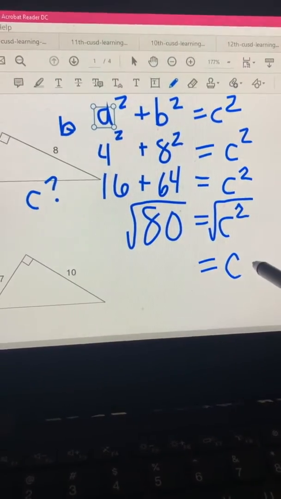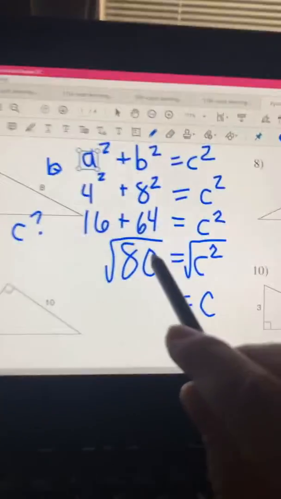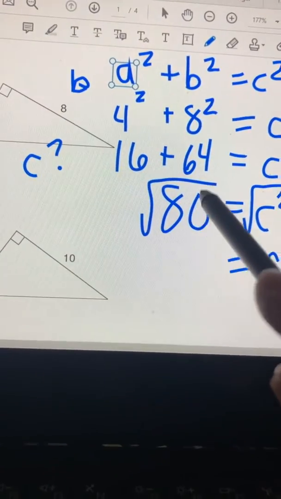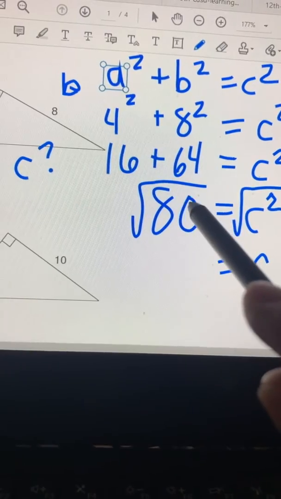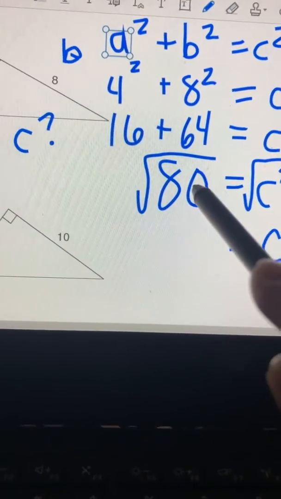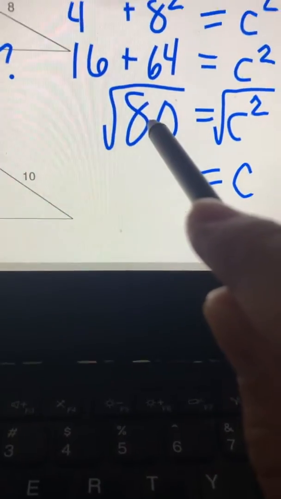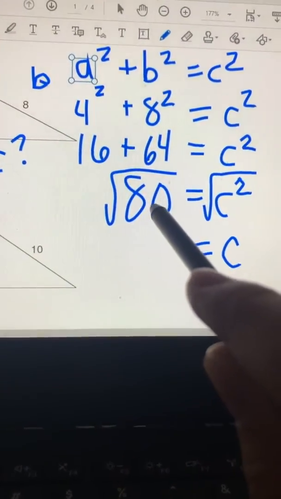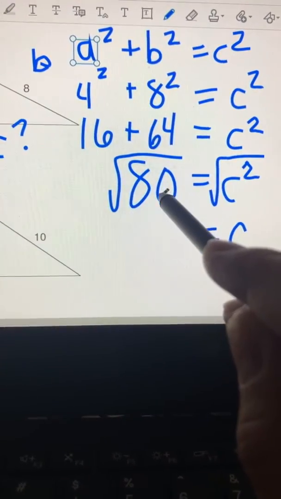If it's a perfect square number like 1, 4, 9, 16, 25, 36, then I could just get a whole number answer. If it's not one of those numbers, you will get for sure a decimal answer, so you could just go ahead and round to the nearest tenth.